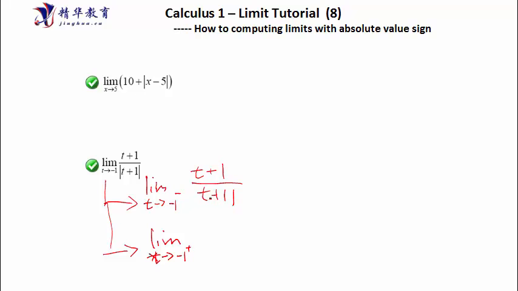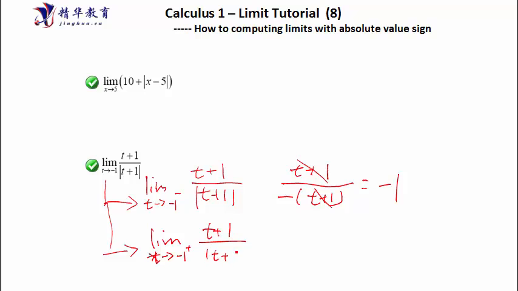If t is less than -1, then the entire inside is a negative number, so the absolute value becomes this. The top is the same. We can cancel these out and we get -1.